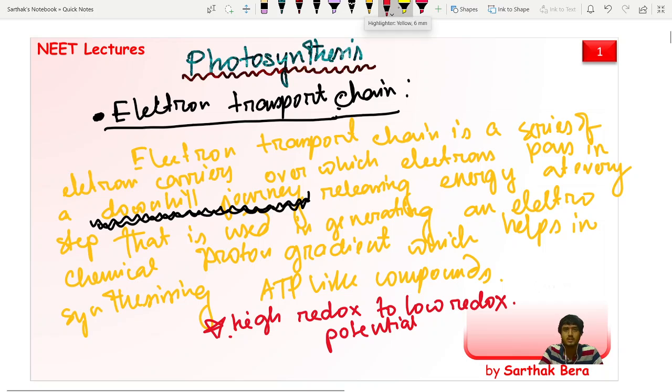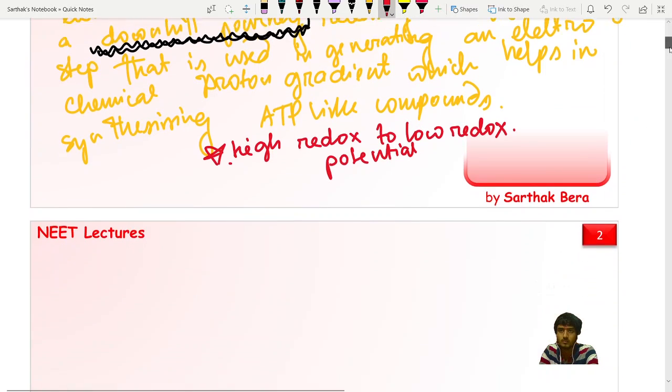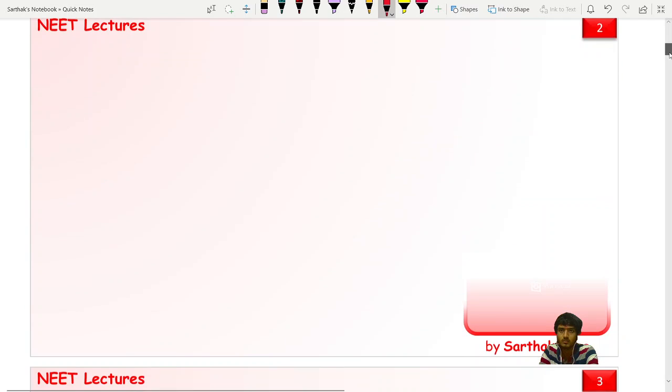So basically, there are two types of electron transport system or chain, whatever you call it.